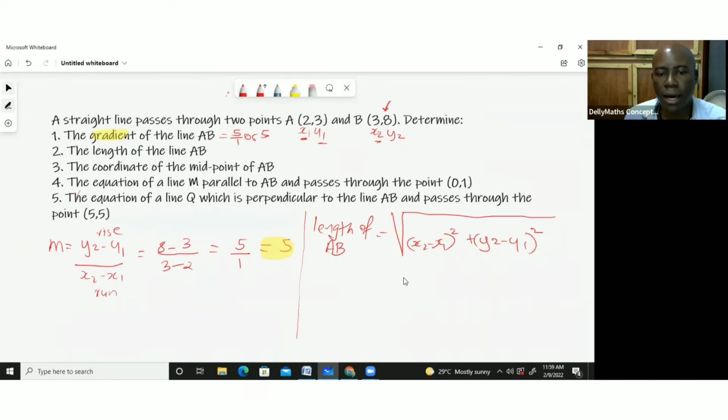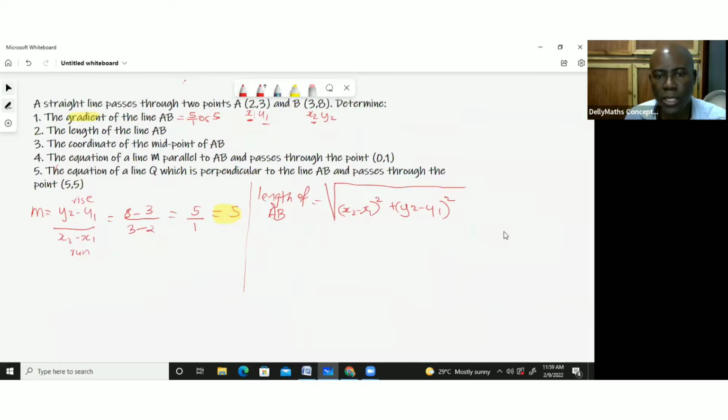Let's zoom out a little bit to get some more space. We're looking at the same labeling here. X2, 3, minus X1, 2, squared, plus Y2, 8, minus Y1, 3, squared. And then to find the answer, you have to take the square root of all of that.